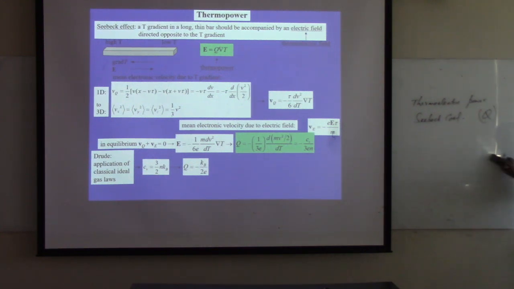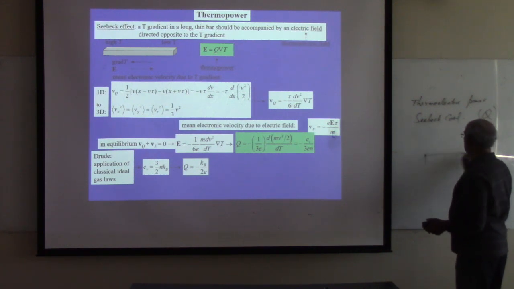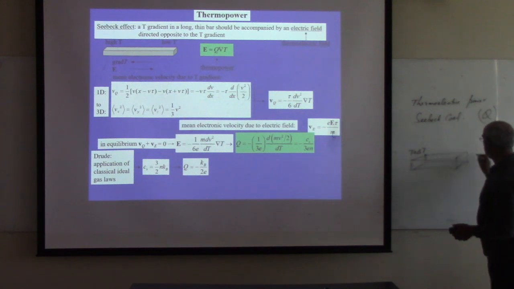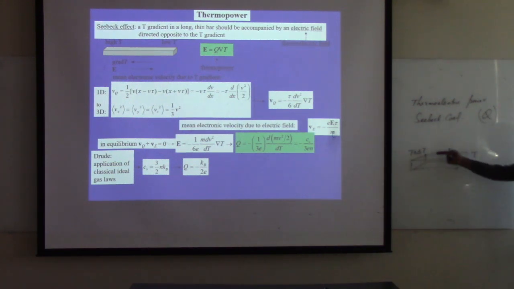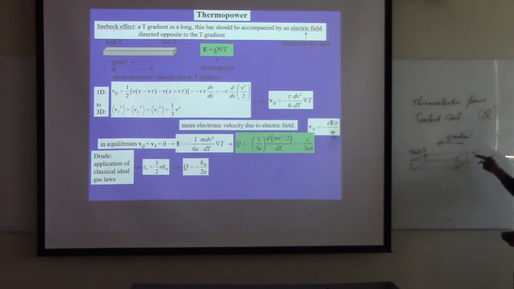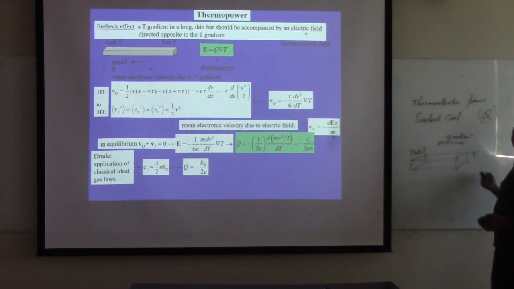So the basic definition is this. If I have this end at a little higher temperature, you have a temperature gradient, right? Temperature is increasing this way, that means your temperature gradient is in this direction. Then you have an electric field, the thermoelectric field.